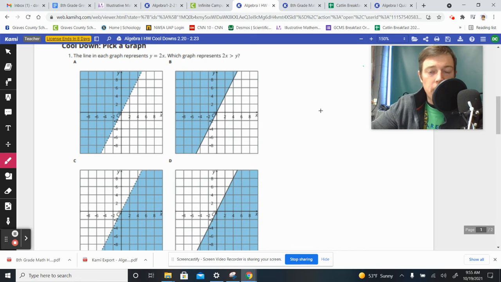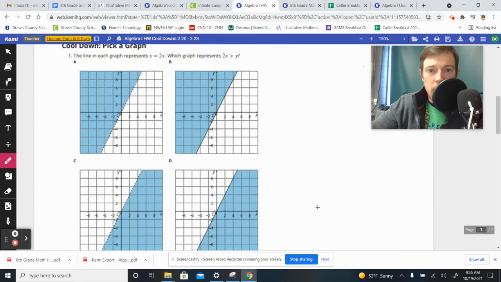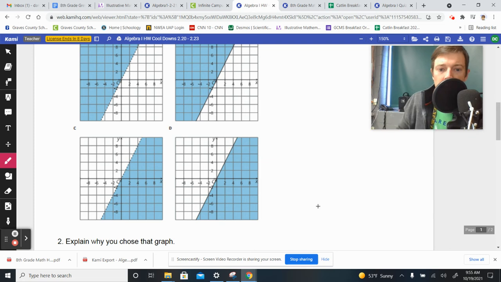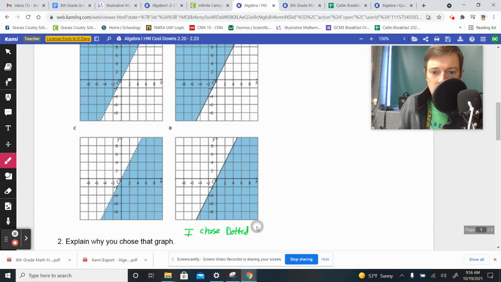So the first thing that I notice, and then we also have to explain why we chose that. I'm going to start off with why I'm choosing a dotted line here. I'm going to write down: I chose dotted line because it's not or equal to.